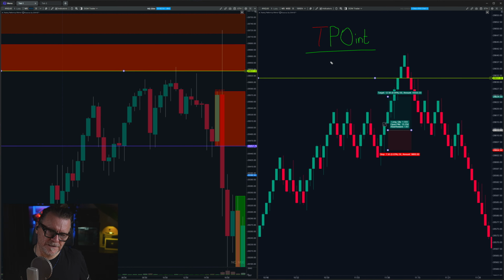T-point. And it will basically use market profile for bringing you interesting information and the knowledge from the market profile.